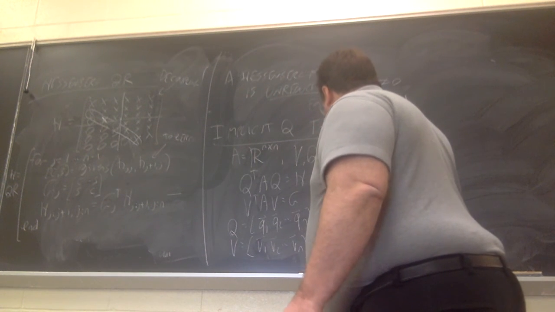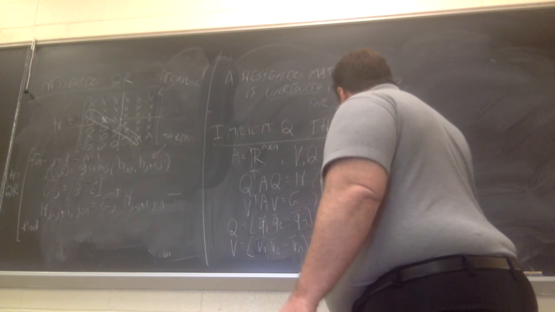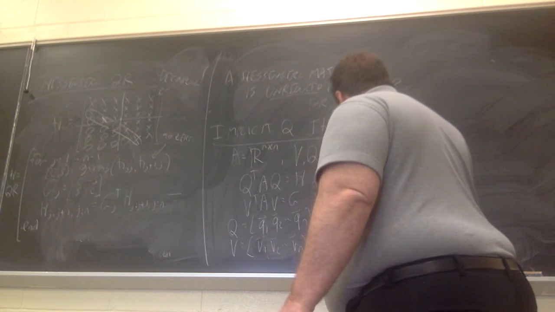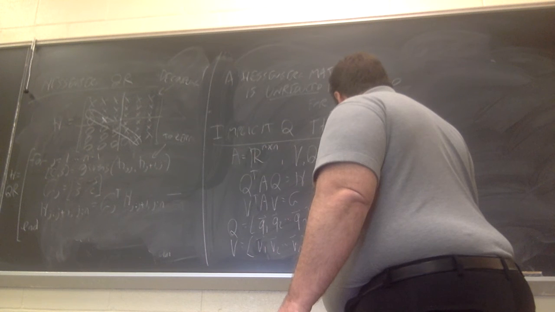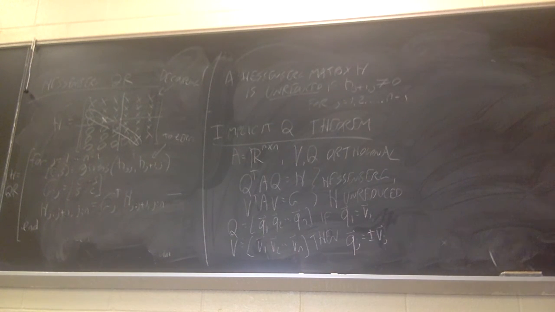it turns out if the first ones are equal, then all of them are equal, at least except possibly for sign change. In other words, they're at least parallel, so we're pointing in the same direction or opposite directions.